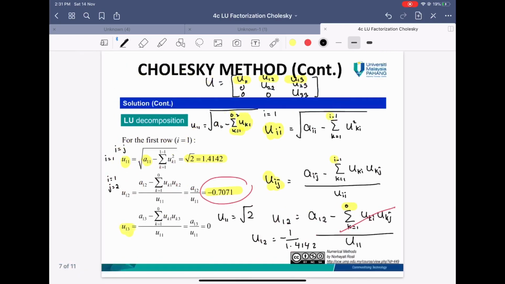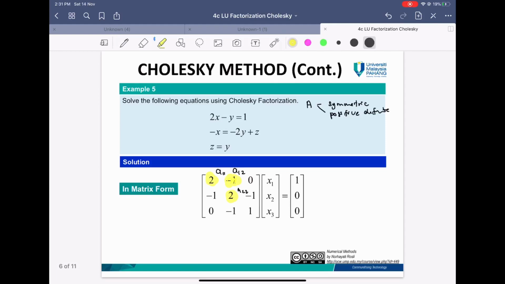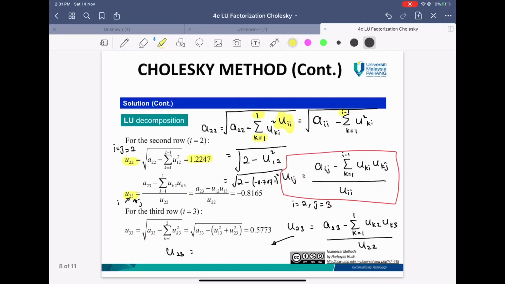We have to refer to this element, which is negative 1. So we will get negative 1 minus the sum, here we only have one element because k equal to 1 to 1 only, where k we start with 1.